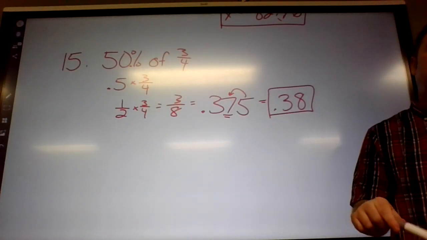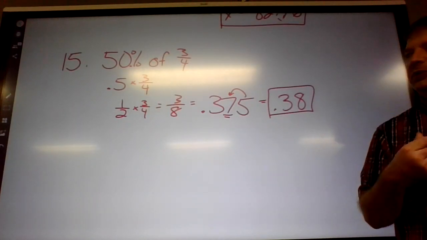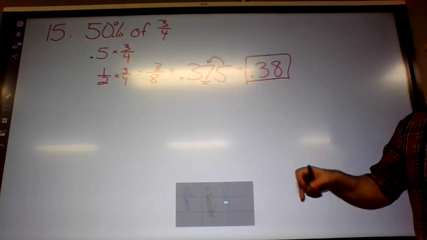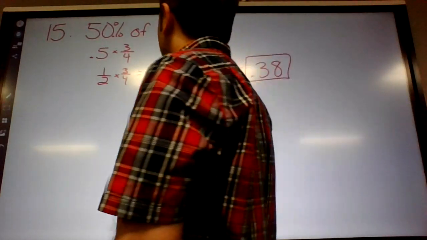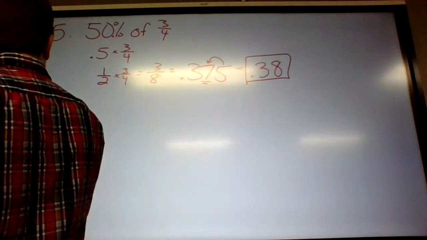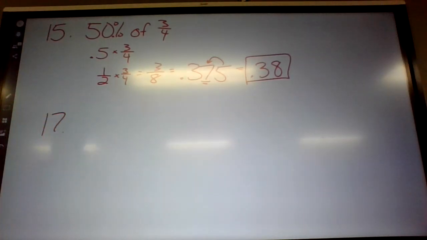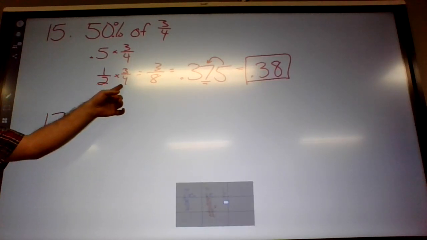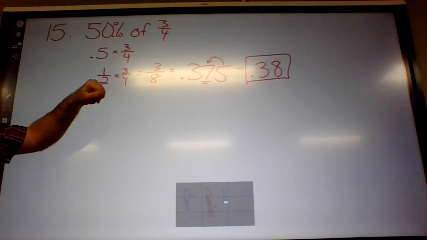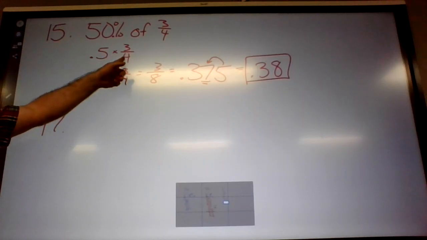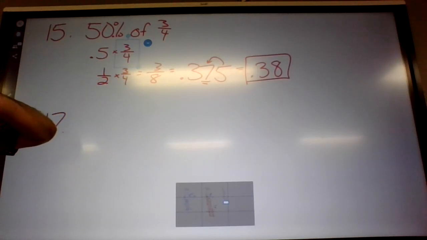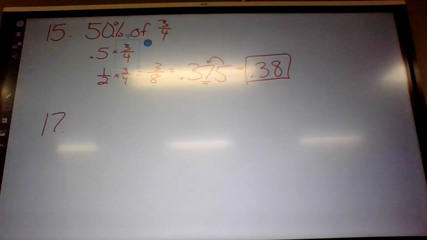Well, I started with the fraction, but actually all these problems we've been doing decimals, because decimals and percents kind of go together. I guess this is kind of a fraction problem. I would take either one. Why'd you turn it into a fraction? Because it was easier to do 1/2 times 3/4 in my head, but then 0.5 times 3/4. 0.5 and 1/2 are the same thing.